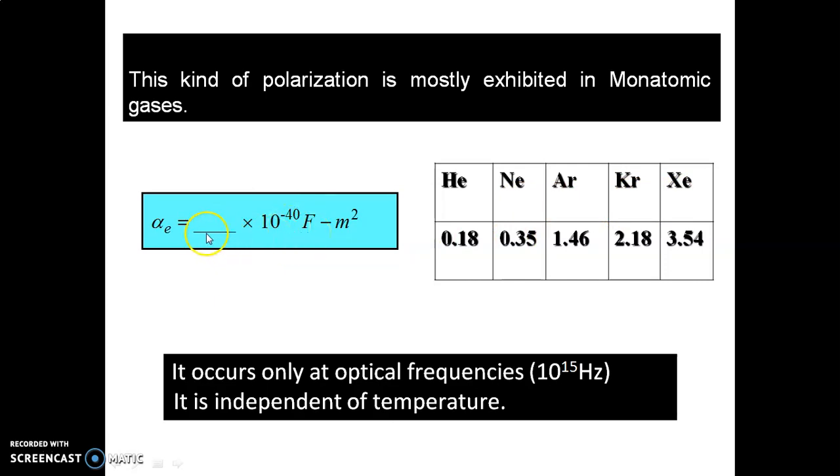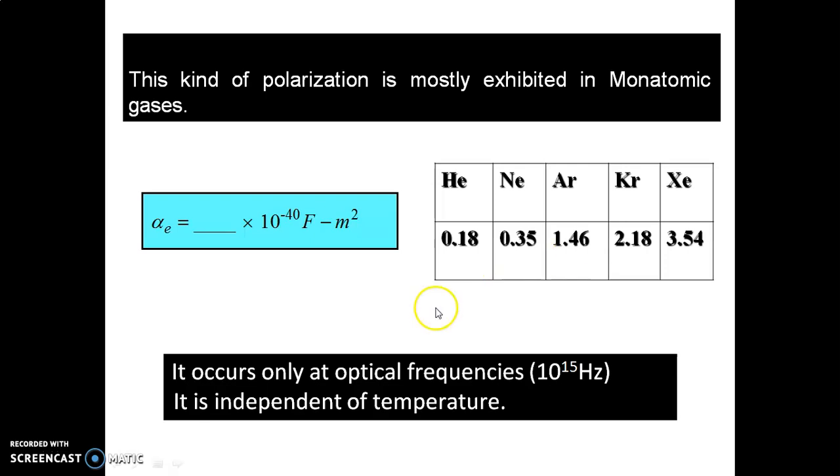In this blank, you can substitute the values, let us say 0.18 for helium, 1.46 for argon, etc. For example, helium is 0.18 into 10 to the power of minus 40 farad meter square. These are the values of electronic polarization in the material, particularly monoatomic gases.